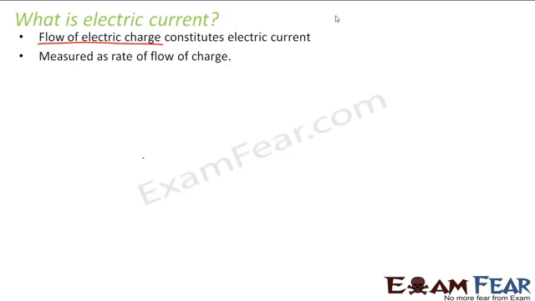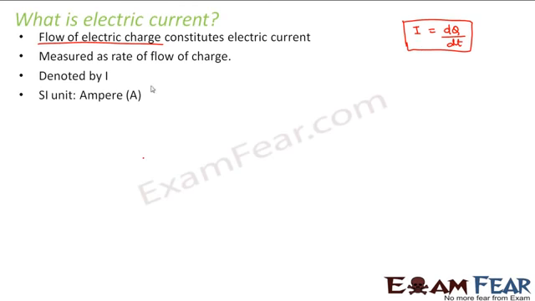So we denote electric current often with I, and it is written as dq by dt. That means the rate at which how many charges are flowing per unit time. It is denoted by capital I. SI unit of electric current is ampere, which is abbreviated by a capital A.